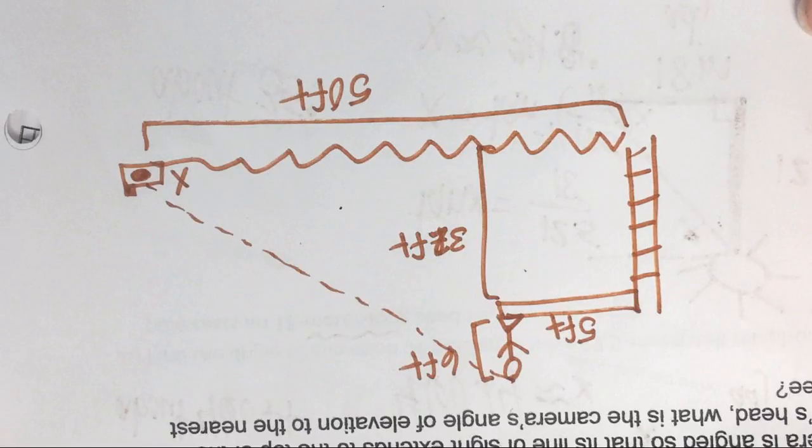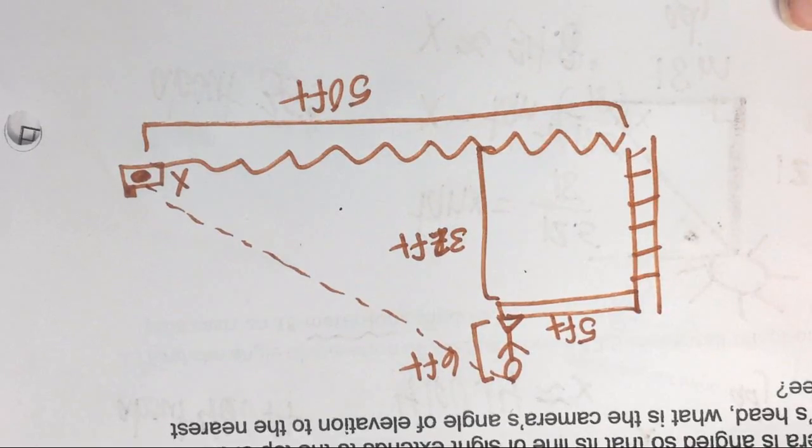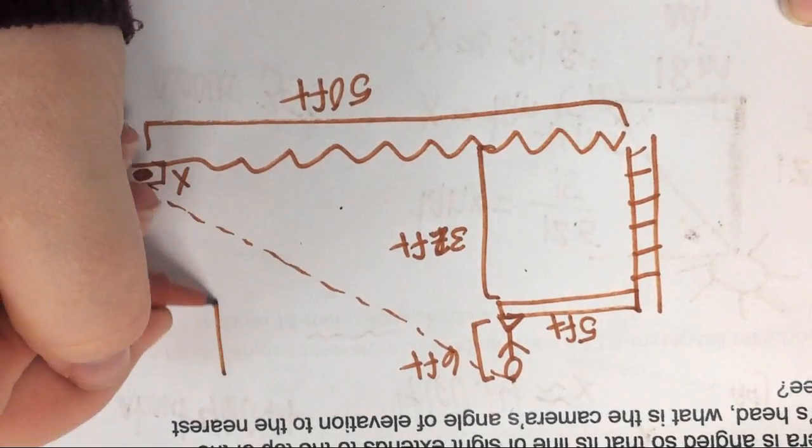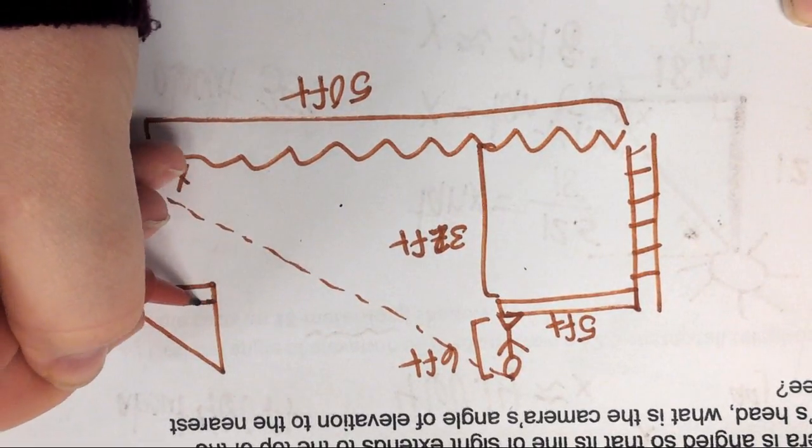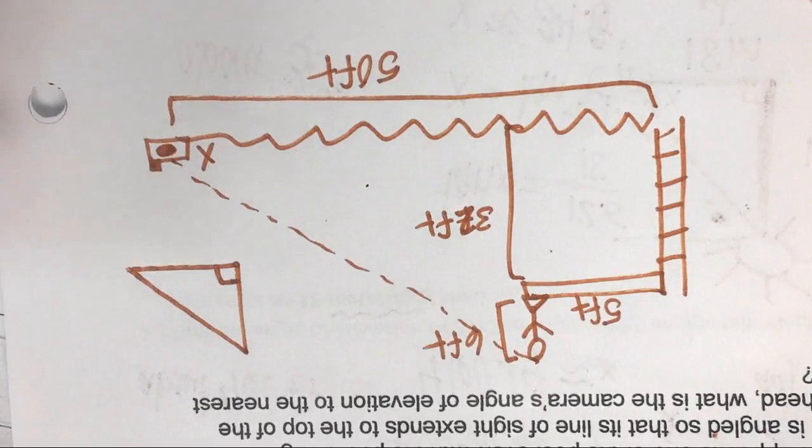Everyone agrees my picture looks a little complicated, but I did everything it asked for in the problem. But let's make it a little simpler. So Kevin and I agree I've got too much going on. I need a triangle. So I'm going to simplify my picture here. I have a triangle.